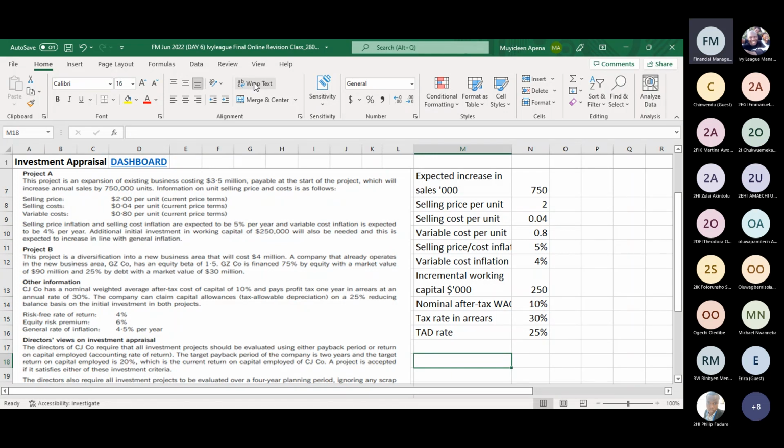Risk-free rate of return is 4%, equity risk premium 6%, general rate of inflation 4.5%. So for the purpose of project A, we need the general rate of inflation, because we are told that working capital will increase in line with the general inflation.